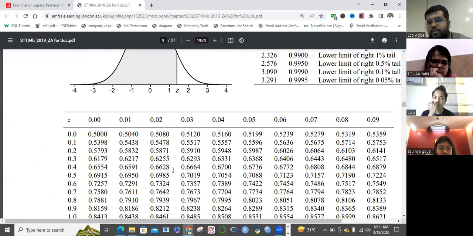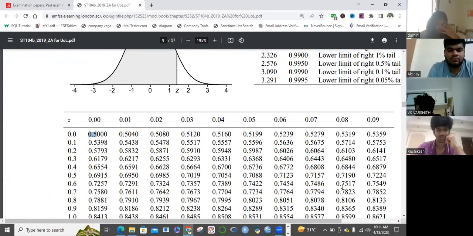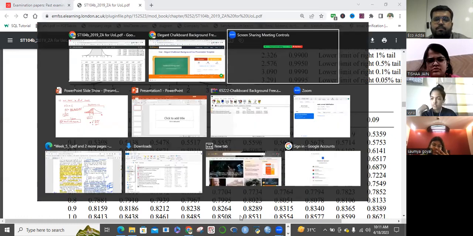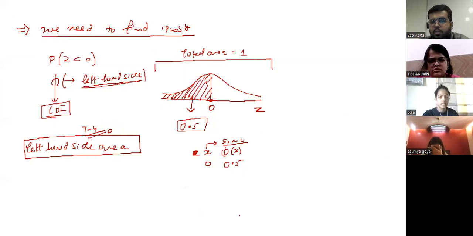Sorry, 0.5. Can we say that? For the value z equals 0, your answer is 0.5. Can we say that? Any doubts, anyone? No doubt, sir. Sure.